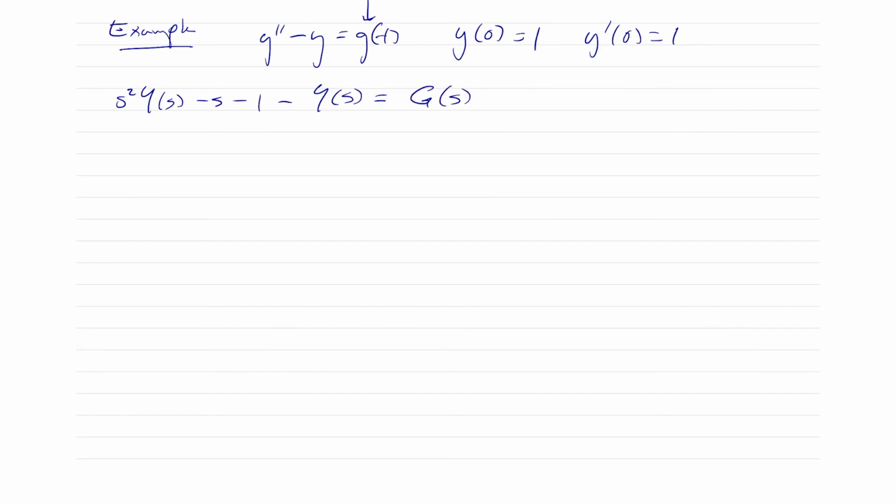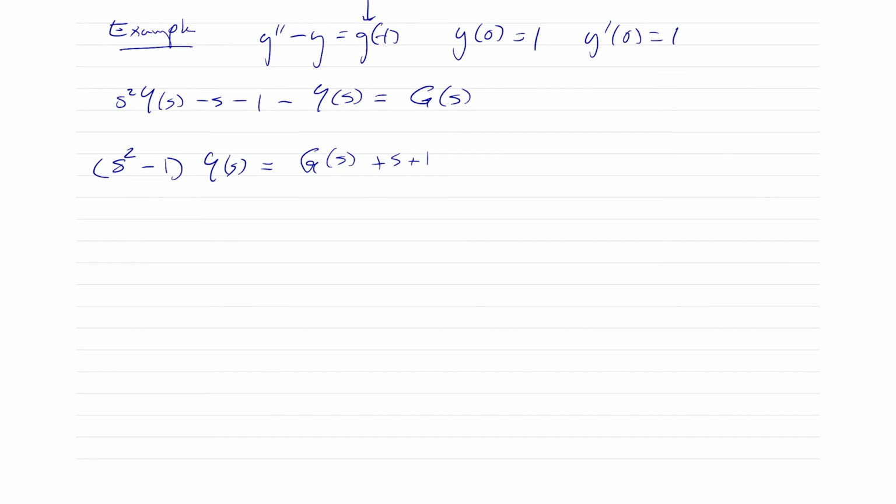Okay, now let's do our usual work. We have s squared minus 1 times big Y of s is equal to G of s plus s plus 1.